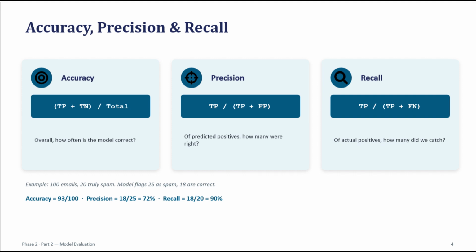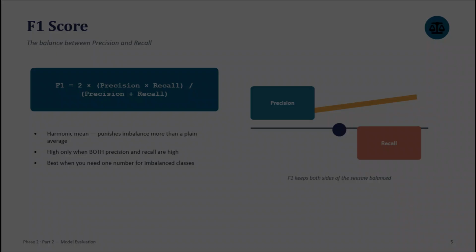Using the email example on the slide, out of 100 emails, there are 20 spam emails. The model flags 25 emails as spam. Among those, 18 are actually spam. So the precision becomes 72%, while the recall becomes 90%. Different applications prioritize different metrics. For example, spam detection may prioritize precision, while disease detection often prioritizes recall.